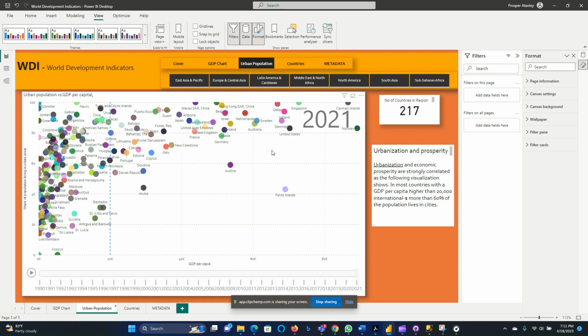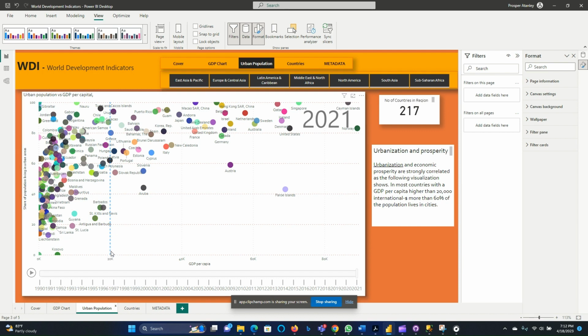In 2021, what we notice here is that I created a line to separate it, a line of 20,000. This visualization shows that economic prosperity and urbanization are strongly correlated. With most of the countries that have GDP above 20,000, you will notice that most of the population lives in the urban cities.